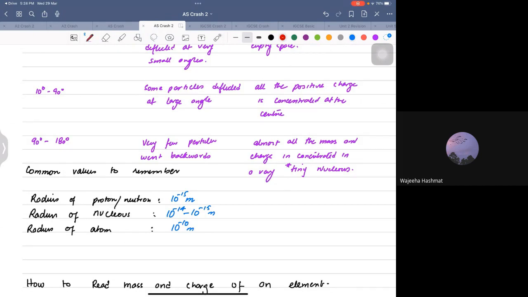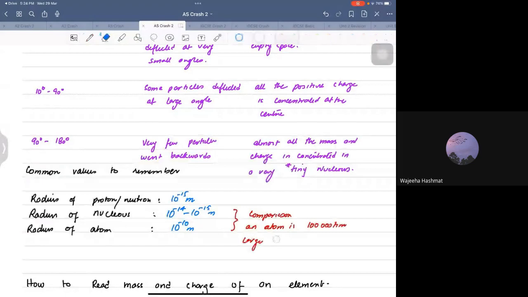By comparison, an atom is about 100,000 times larger in radius compared to the nucleus. So you need to remember that.